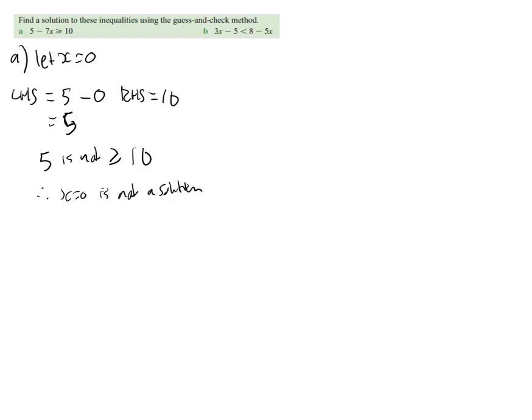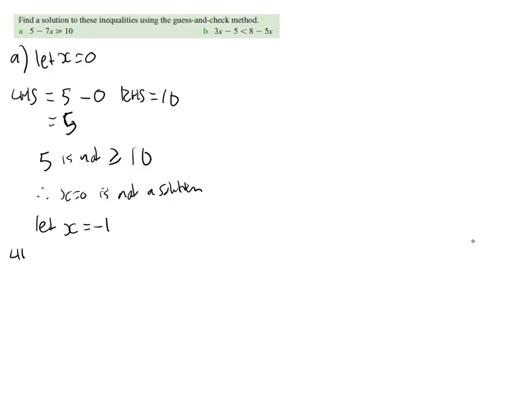So we want it to be greater than or equal to 10. So let's try a negative number, because if we subtract a negative number, we're going to be adding. We want to get 5 to be bigger than 10. Let's try a negative number. So let's try let x equal -1.